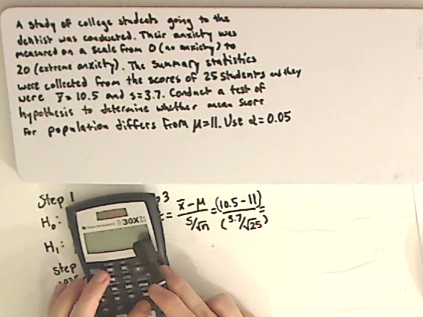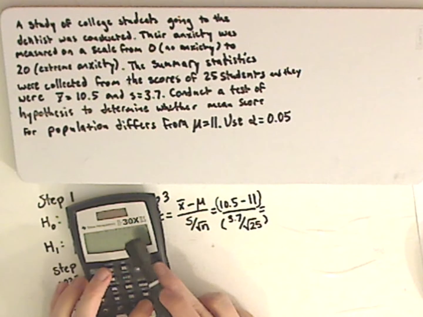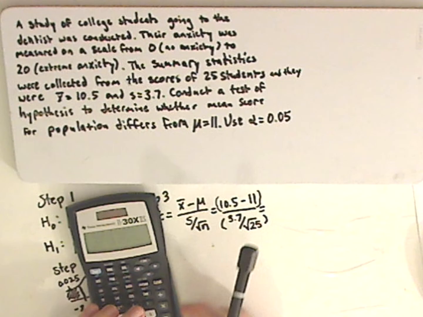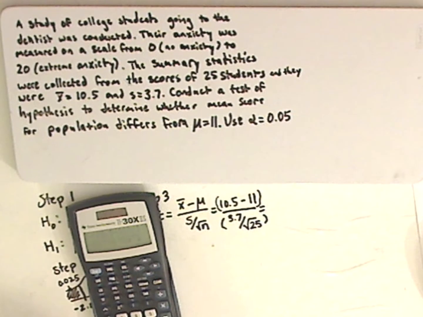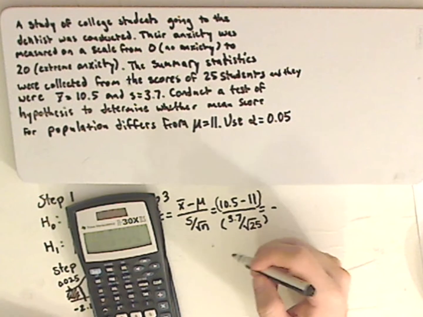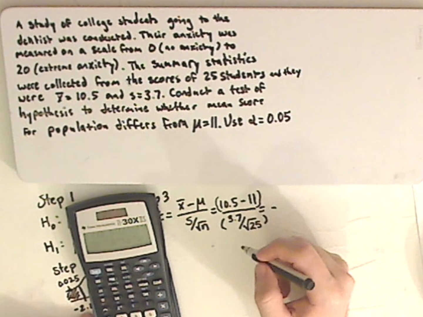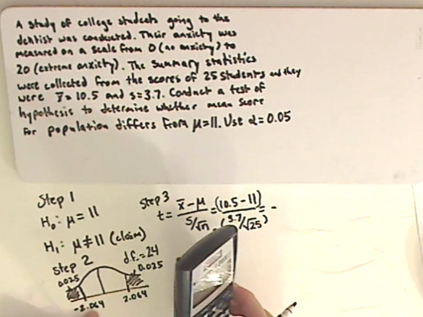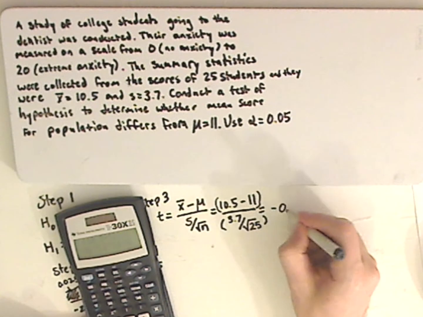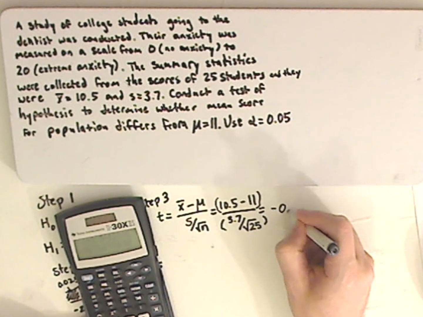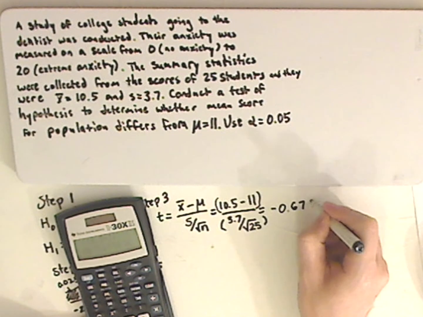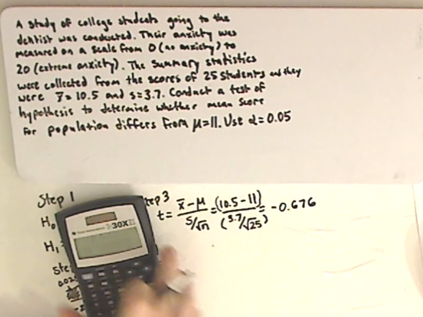In this calculator, I have to close for the square root and then close for the denominator. And I get negative, and usually whatever the score is, like here it's 3 decimal places, so I use 3 decimal places. So it would be negative 0.676.